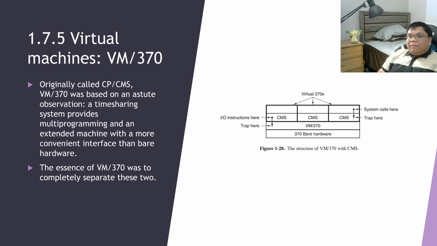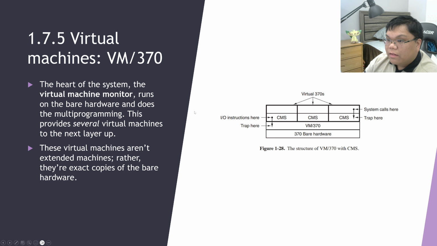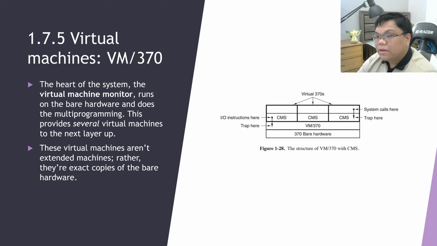Originally called CP/CMS, VM/370 was based on an astute observation. A time-sharing system provides multi-programming and an extended machine with a more convenient interface than bare hardware. And the essence of VM/370 was to completely separate these two. So what's going on here? The heart of the system, the virtual machine monitor, runs on the bare hardware and does the multi-programming.